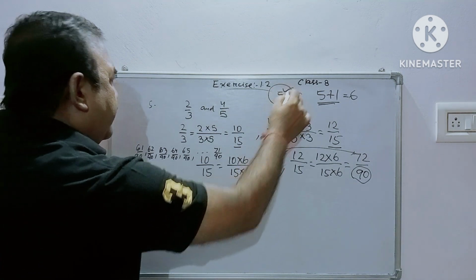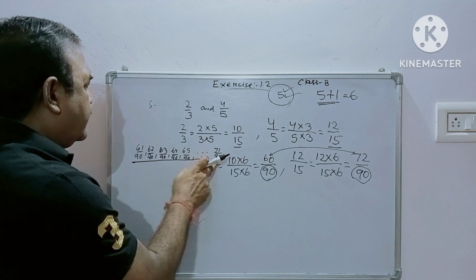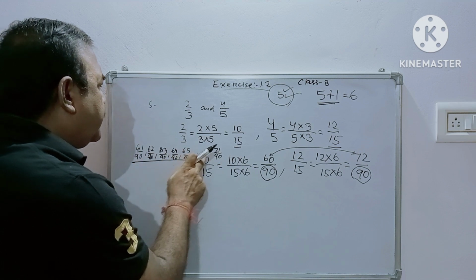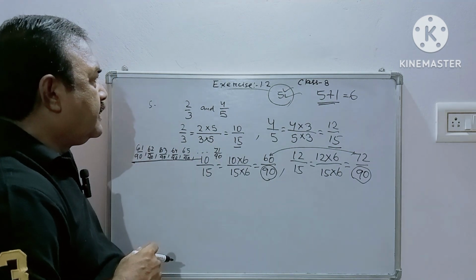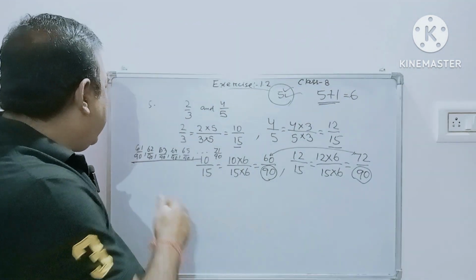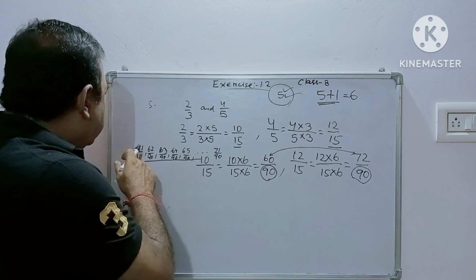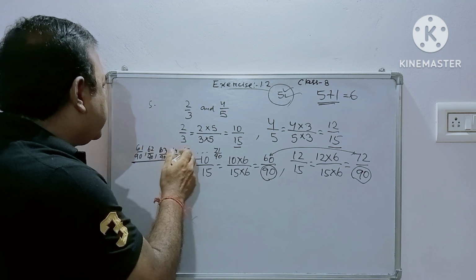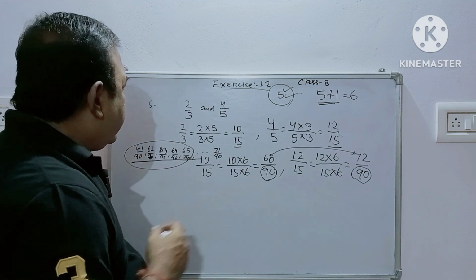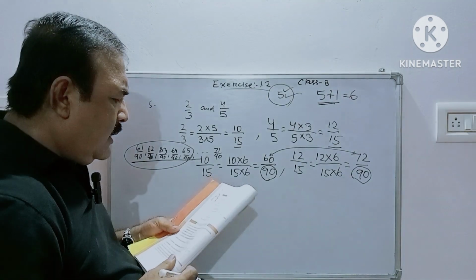But we need only 5. You can choose any 5. It depends on you. If you write 61 upon 90, 62 upon 90, up to finally 65 upon 90, then you may do it like this. So it will be easier for you.